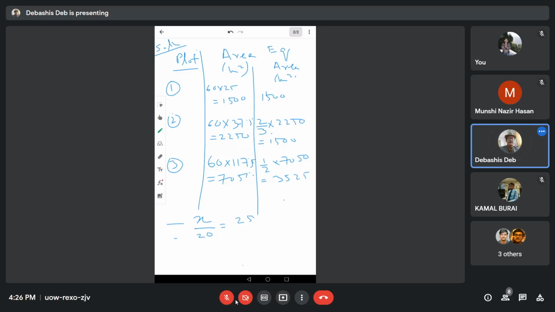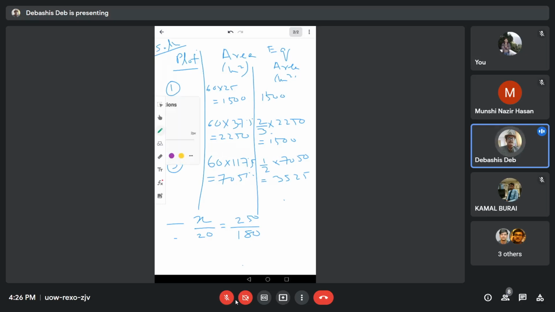Just take it from similar triangle. If I consider for belt 1, I have considered the vertical perpendicular as x, perpendicular divided by the base, and for the entire triangle it should be 80 minus 60.